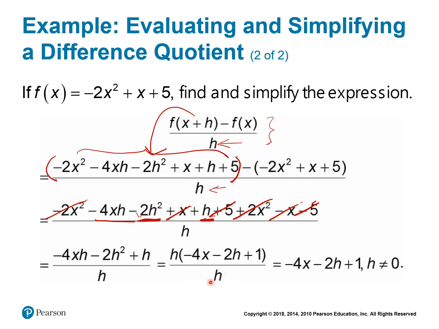So h and h divide, and we are left with minus 4x minus 2h plus 1, with h not being equal to 0. It's important that h cannot be 0 because we cannot divide any number or expression by 0. It makes it undetermined. That's why they have specified, provided h is not equal to 0.